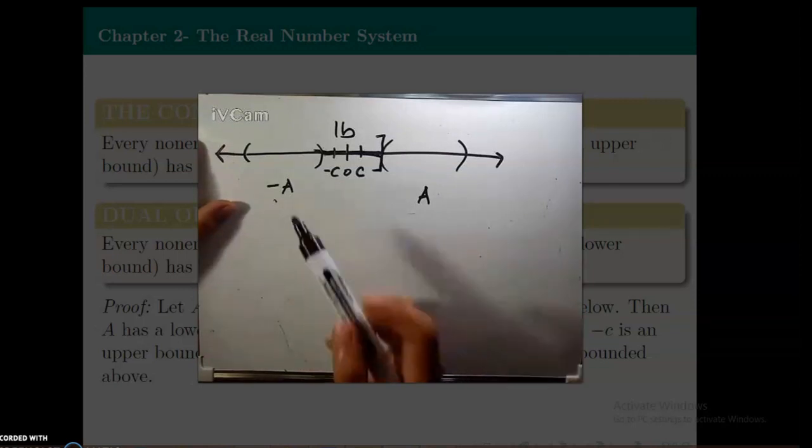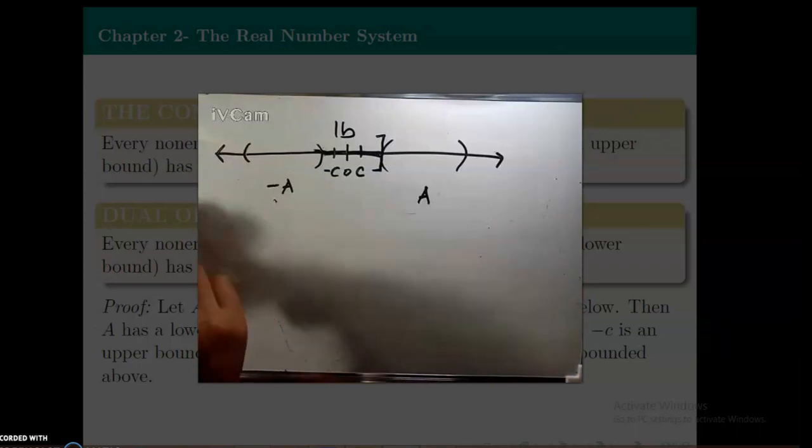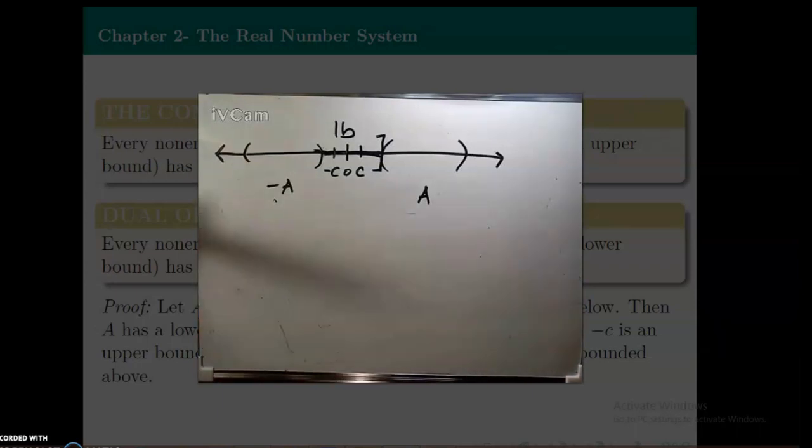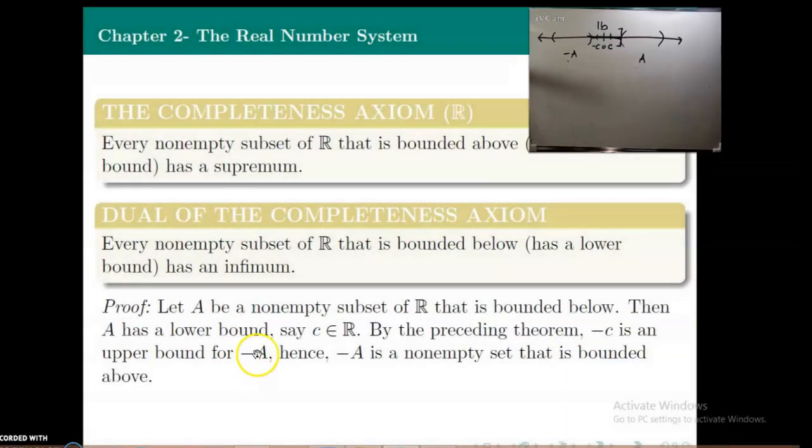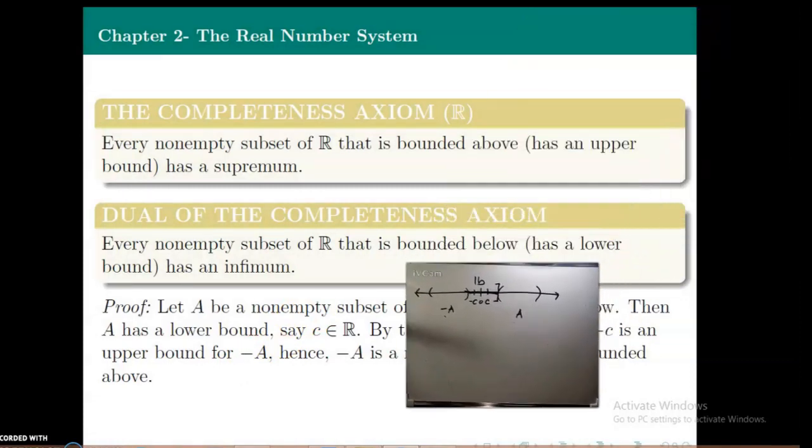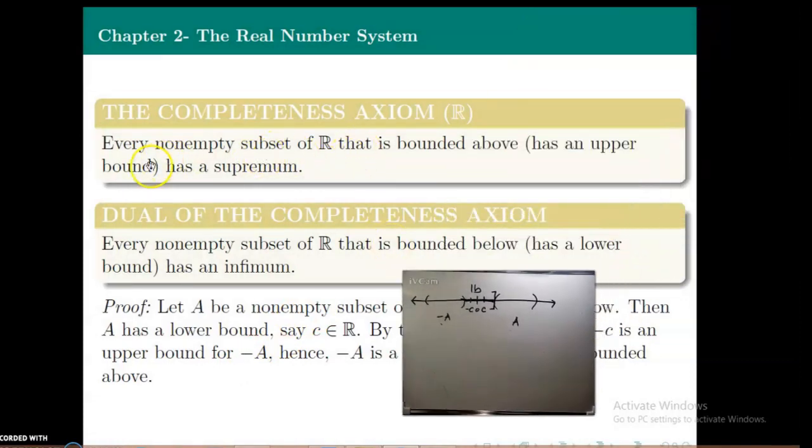So, according to the completeness axiom, every non-empty subset of R that is bounded above has a supremum. Because the set negative A has an upper bound, it means negative A is bounded above.